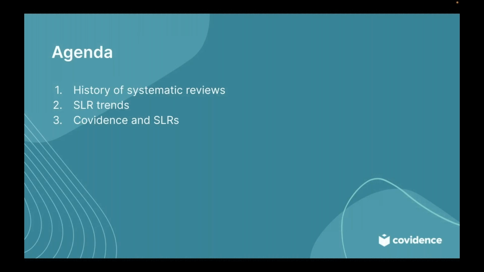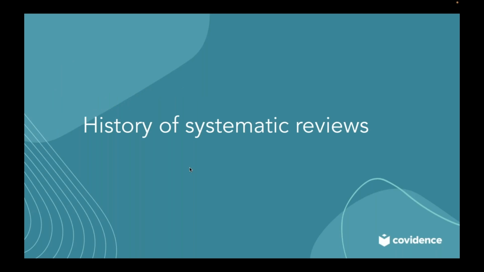Laura is then going to introduce some of the features in Covidence that can support you to complete your review more quickly without compromising quality. So I'm going to begin with the history of systematic reviews.